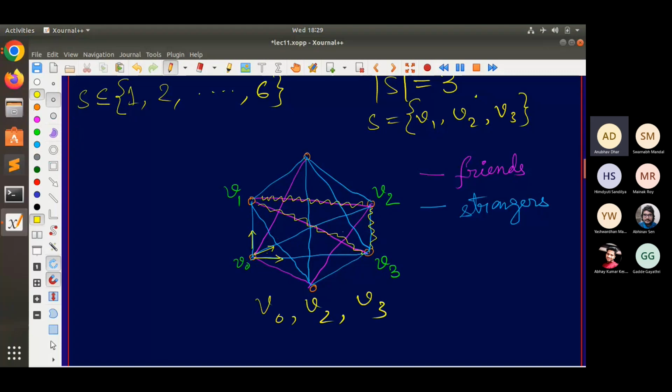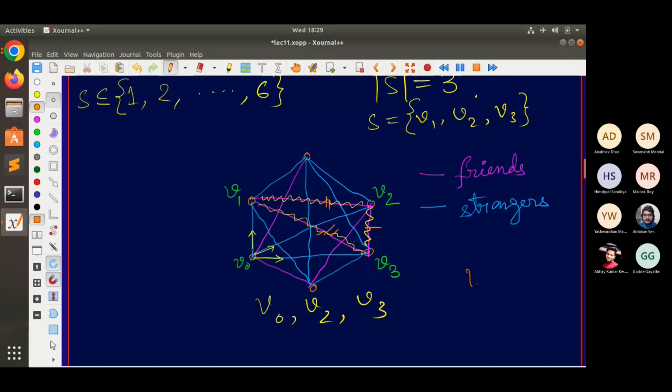That means they are all mutual friends or all mutual strangers. But what if there are no edges of the same color, and these edges are all of a different color than the edges joining V0 to V1, V2, V3? Well, since there are only 2 possible colors, these 3 edges must be of the same color.